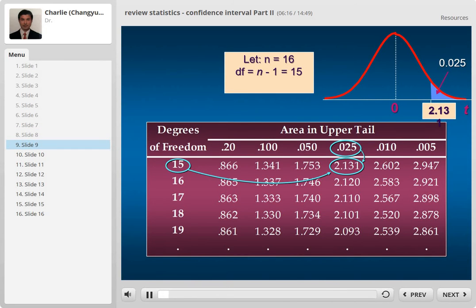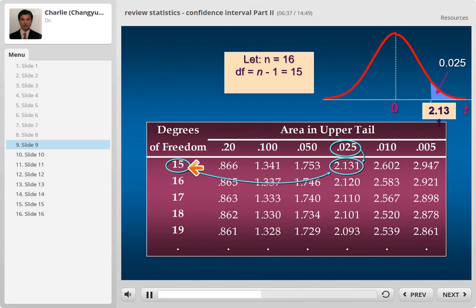Now, here's the answer. Since we know n equals 16, degree of freedom always equals n minus 1. So n minus 1 equals 16 minus 1 equals 15. In the first column, we first find degree of freedom, which is 15 here.